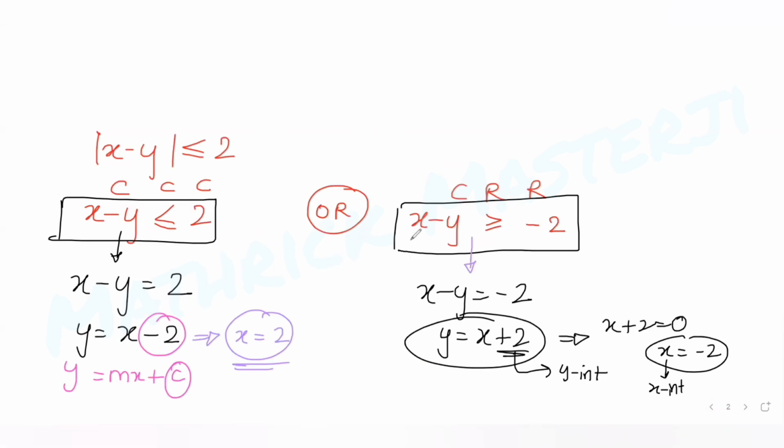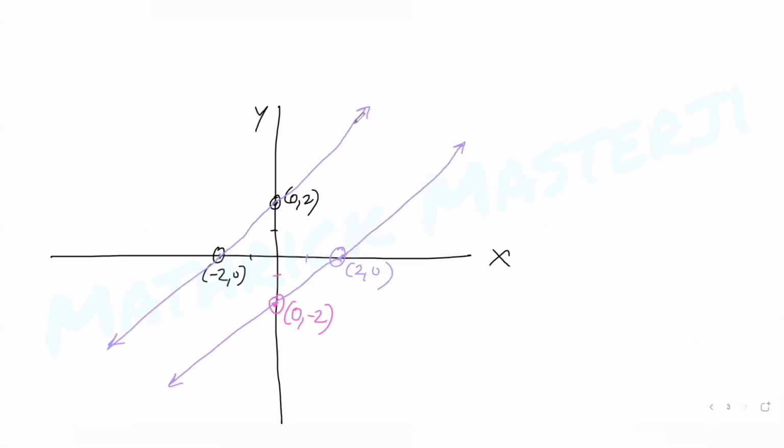Now let's talk about the region. If I take y on the other side, it says y is less than or equal to x plus 2. When y is less than x plus 2, it is below the line. Whenever y is lesser than, it is below the line, and when it is greater than, it becomes above the line. So this region is below the line.